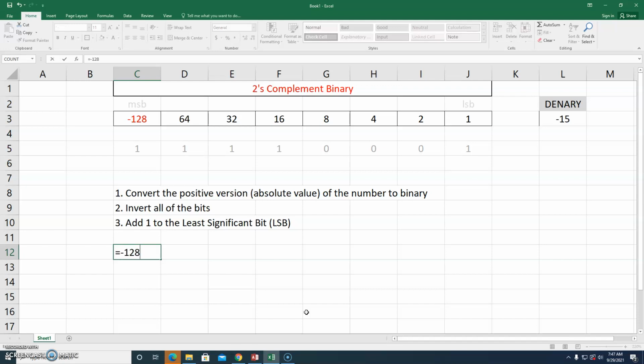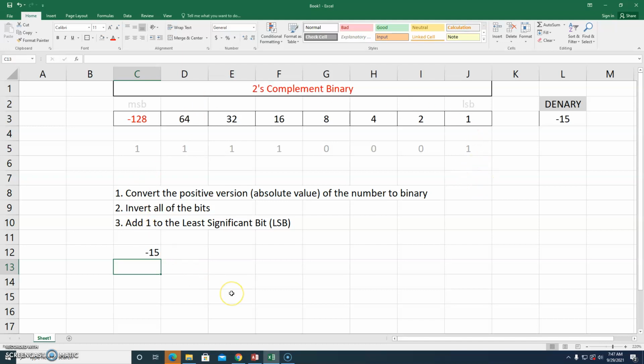Minus 128 plus 64 plus 32 plus 16 plus 1 equals minus 15. Okay, so it worked.